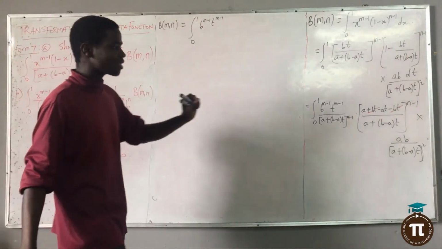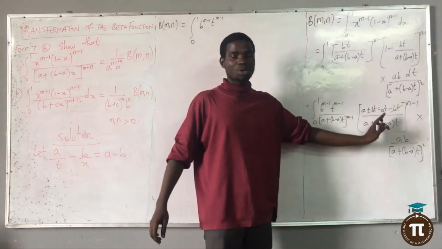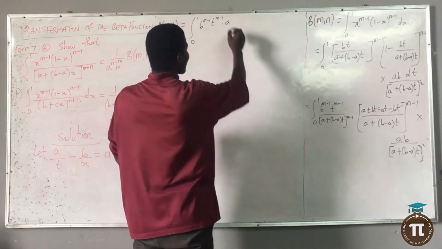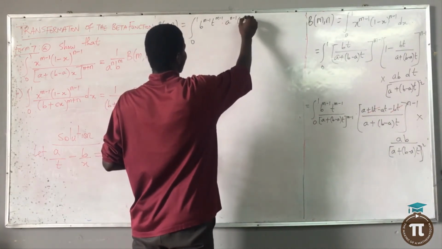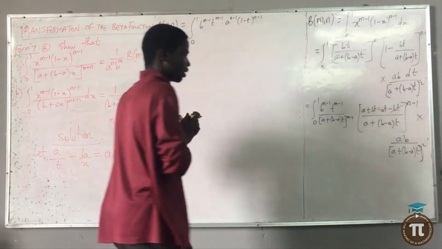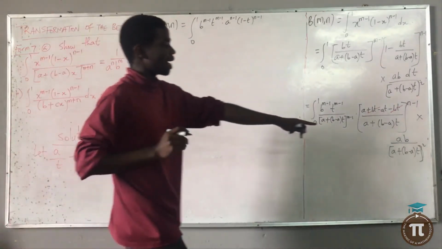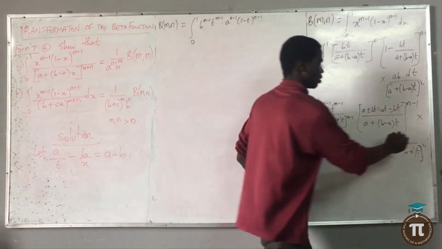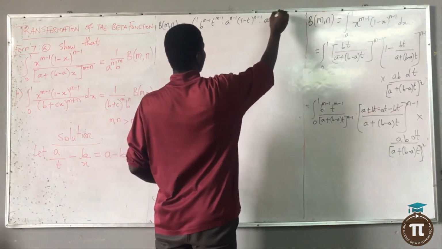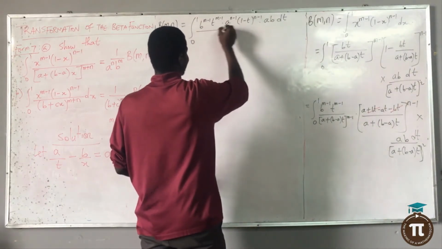I can factorize a to have a(1 minus t), so that I will have as numerator a raised to the power of n minus 1, then 1 minus t raised to the power of n minus 1, then multiply by ab dt. That is what I will have as the numerator.